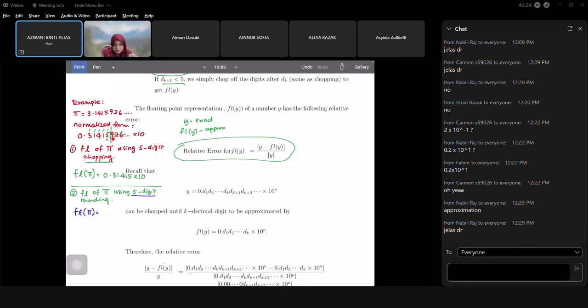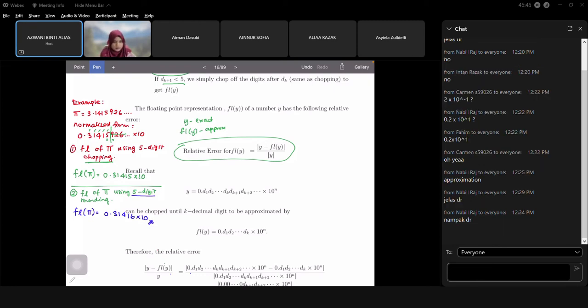Dk plus 1 is greater than 5. Okay. So kat sini kita kena plus 1. So you akan dapat 0.31416. Nampak tak beza antara rounding dan chopping? Okay, thank you Nabil. Okay, jelas, yang lain hope faham.